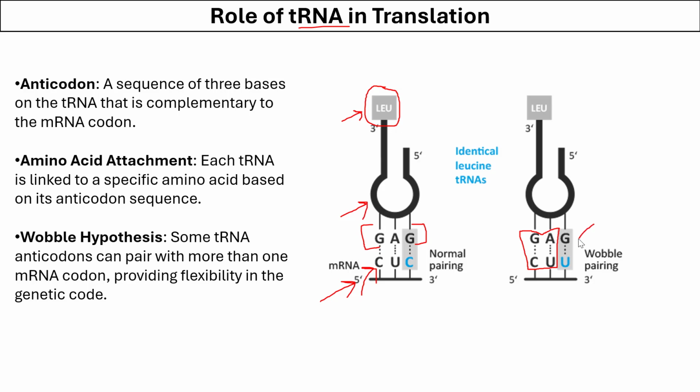The third one can have a Wobble pairing, which is why you would see in the chart for amino acids that amino acids are more specifically related to the first two nucleotides. The third may or may not be exactly the same, so it can vary, and that's why you have more than one codon or anticodon recognizing one specific amino acid.